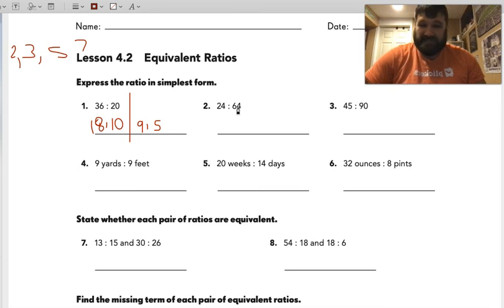I could do 6, no, because 66 would be the next one. 8 times 8 is 64, and 8 times 3 is 24. There we go. So if I divide 24 by 8, I get 3, and if I divide 64 by 8, I get 8.